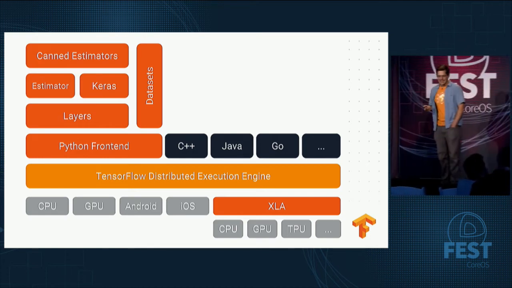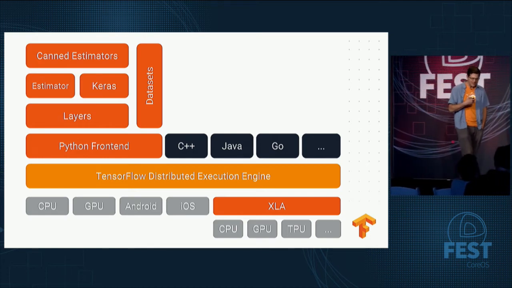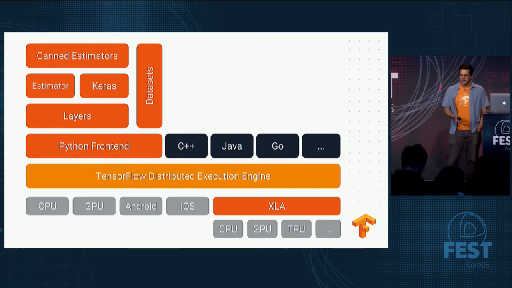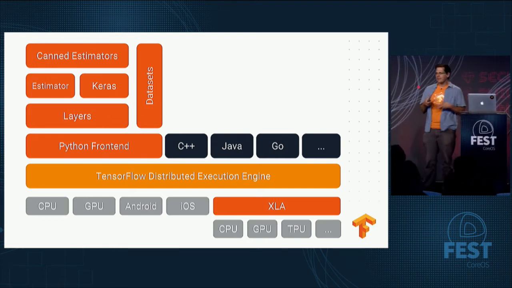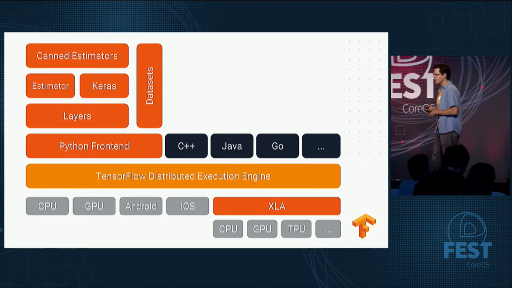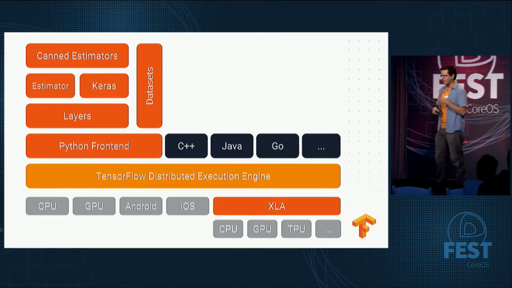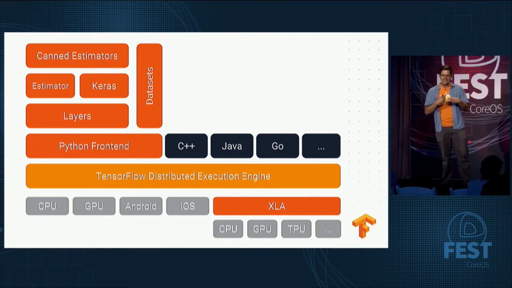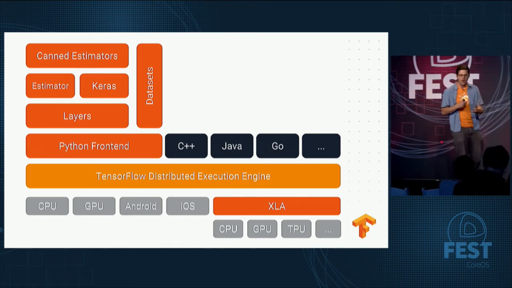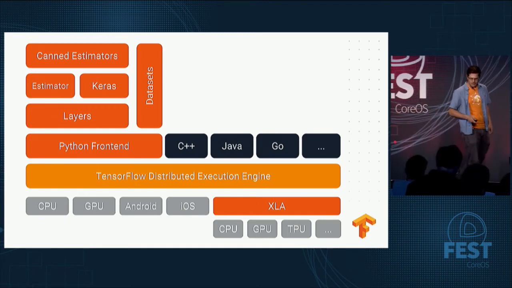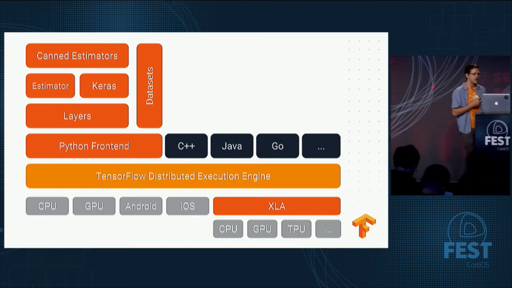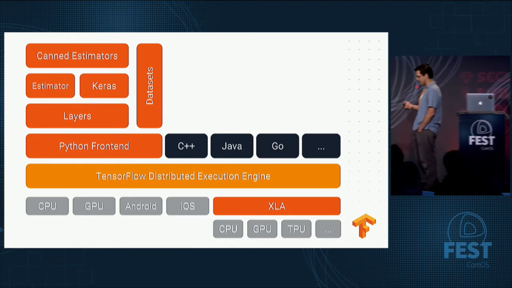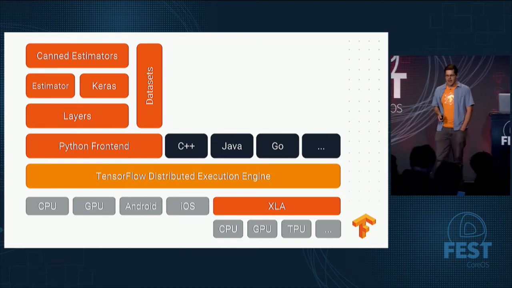The simplest example is that machine learning involves a lot of low-level math, but you don't think of it in terms of that low-level math. When you think about a deep learning model, you're not thinking, do a matrix multiply, then do another matrix multiply. You're thinking in terms of layers or entire models. Being able to program TensorFlow at the same level you think about it can be a huge win.